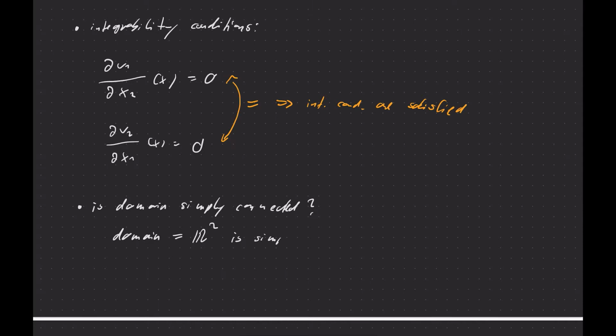And R2 is, of course, simply connected. No holes in that. So that means V is a gradient field. I didn't ask for the potential, but of course you're welcome to try and find that for yourself. Shouldn't be too complicated.